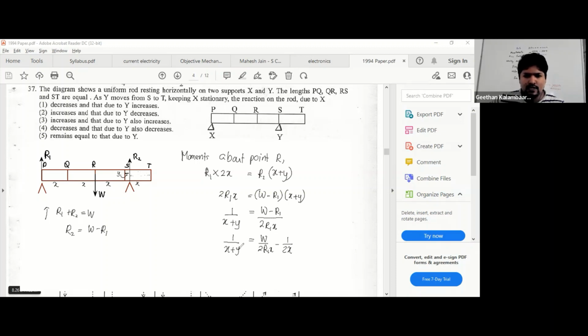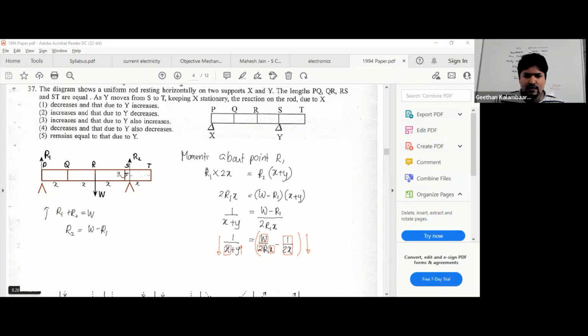Right, so what do we change? We change y. So when y is increased, the whole thing is going to decrease. So we're going to increase y, and when we increase y, this whole thing is going to decrease as well. But W is a constant, x is a constant, 2 is a constant.